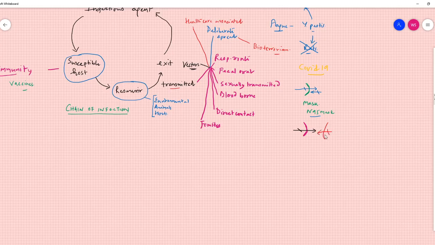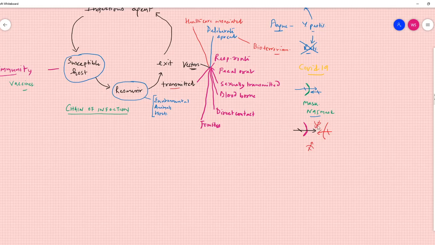what happens? Let's imagine both of them have got the COVID-19 infection. This person, because he has a mask, won't be able to spread it outside. And this other person, if he is also infected, won't be able to pass it on. So if everyone begins to use a mask, then we can effectively prevent the transmission.